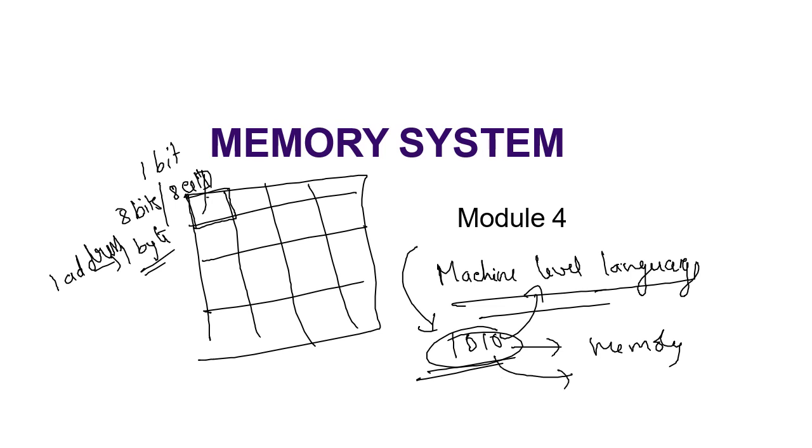From memory, the program or the data is transferred to the processor to perform a particular task. The task will be decoded based on the sequence of ones and zeros that will be transferred from memory to the processor. The processor will decode it, and it will understand what task it has to perform. So mainly the importance of memory is to store the program.